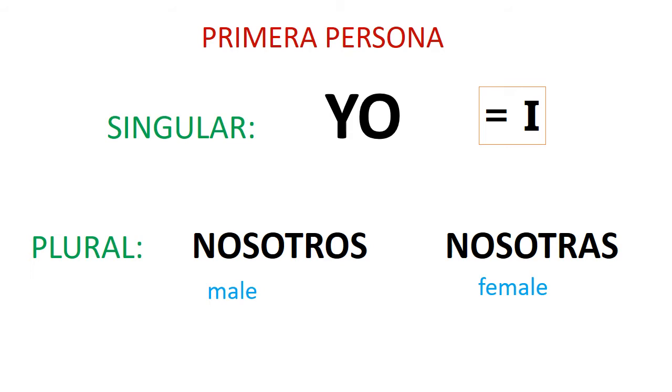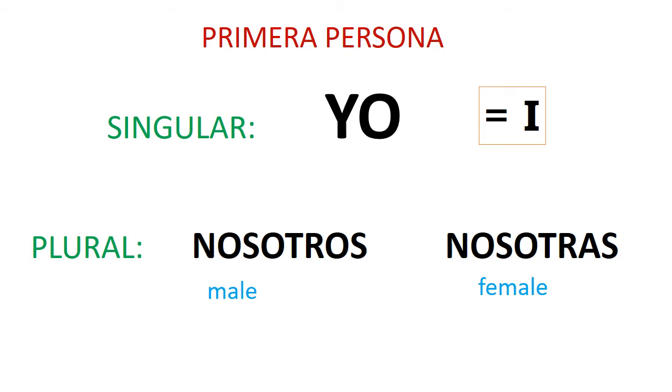Both are plurals. So nosotros, we use when it's a group of men or male things, or a group formed by men and women. But we use nosotras when the group we are in is completely formed by women.